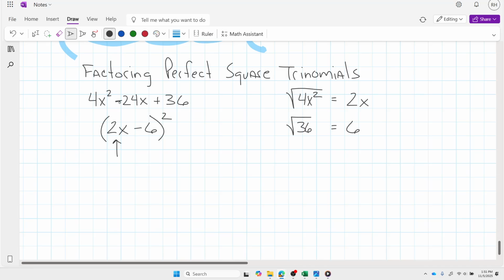If the middle term is minus, then this is minus. The square root of the last term goes right here. And you just finish with parentheses and raise it to the second power. Make sense?